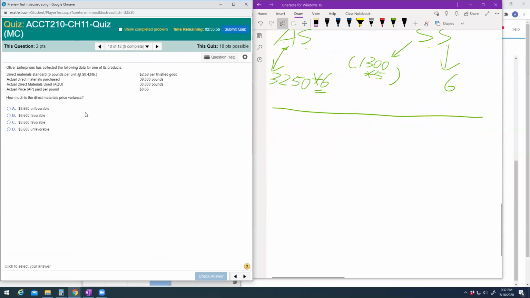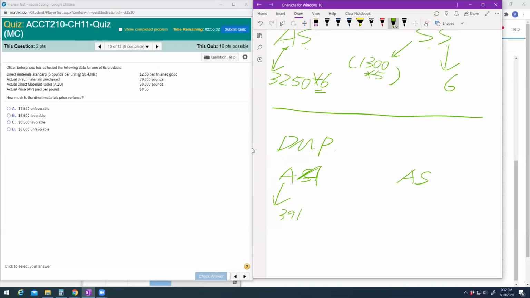Next one, asking about direct material price variance. Price variance will be actual versus standard. Direct material standard is 6 pounds, and we purchased 39,000. Actual price paid is 0.65 for 1 pound.